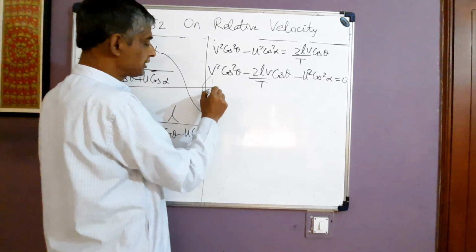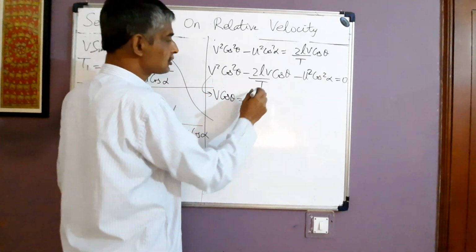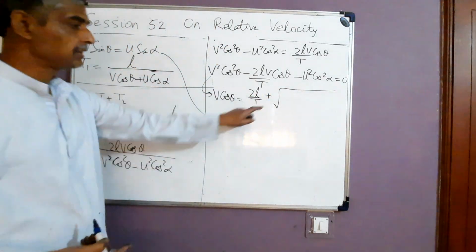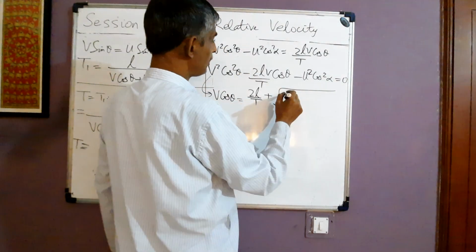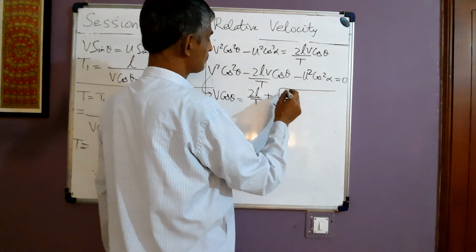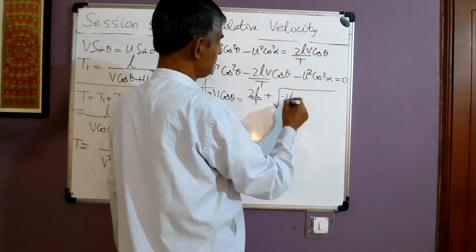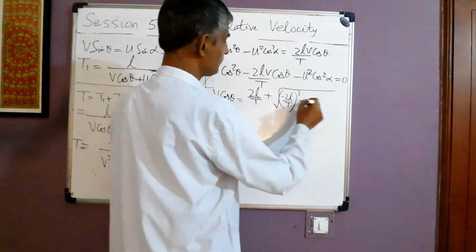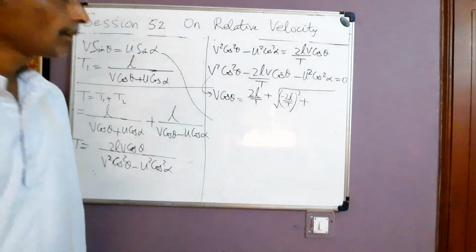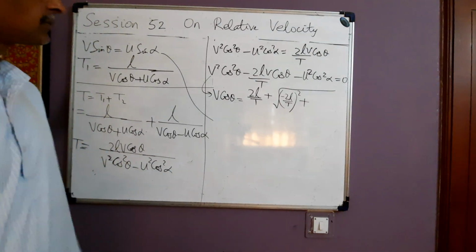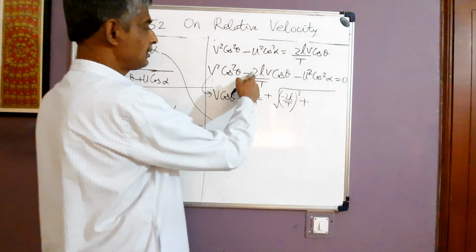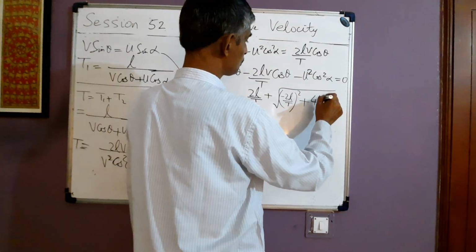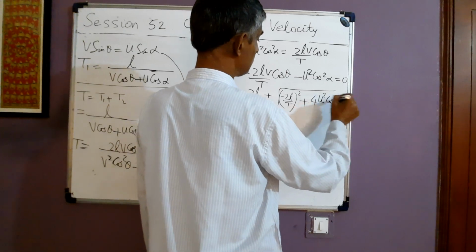We solve this quadratic equation. By quadratic theory, the root is minus b plus or minus root under b square minus 4ac, over 2a. Plus or minus, it has to be plus, so the minus sign is rejected. Here b becomes minus 2L by T, and 4ac becomes 4 U square cos square alpha.